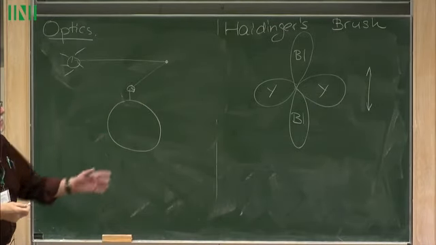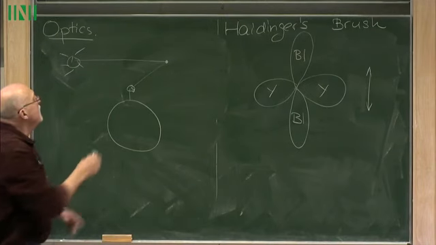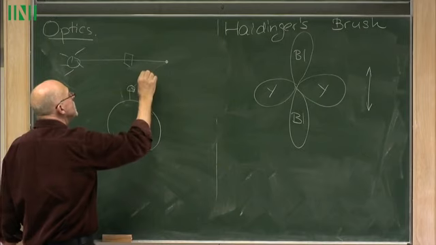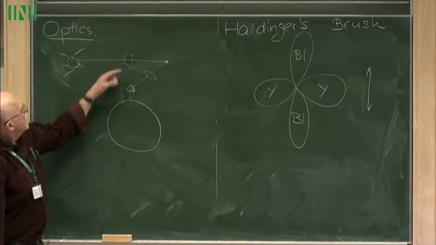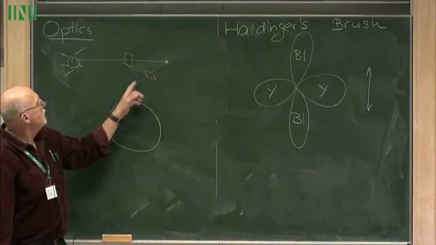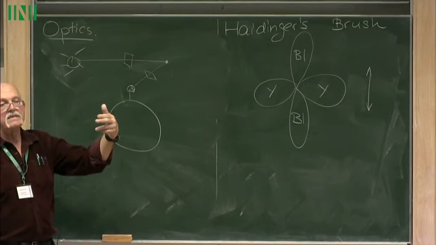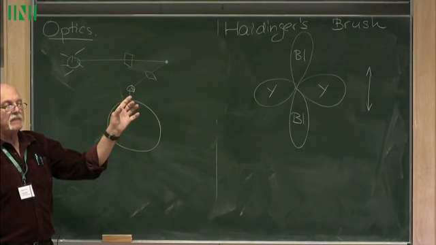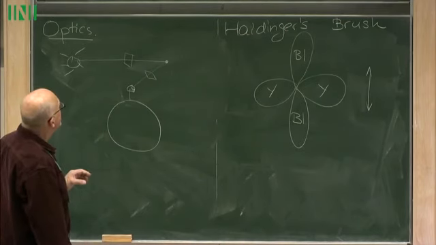What we know from Maxwell is that the electric field must be perpendicular to the propagation direction. So the incident light must be in this plane, and the light coming to your eye must be in that plane. The intersection of those two planes tells you what the polarization should be.